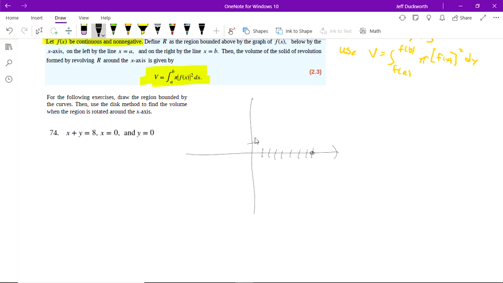Point there. Point there, and it's got to be in the first quadrant. So x equals 0 and y equals 0. So we should probably just connect these. Again, that line x plus y equals 8 goes on forever both ways, but the area that we're looking at is in here.